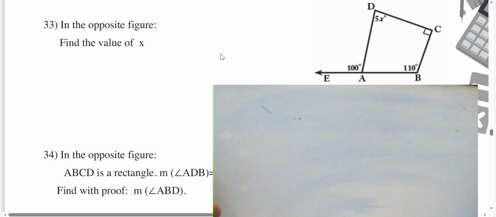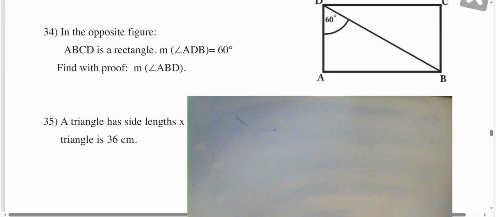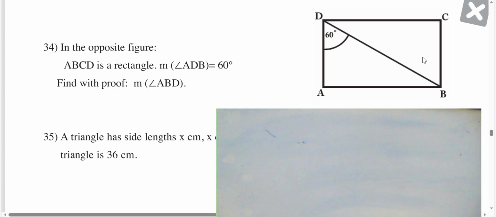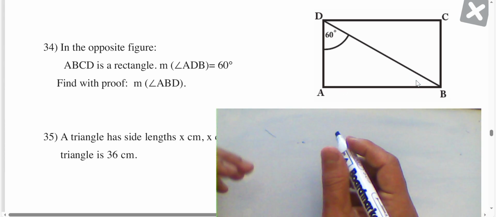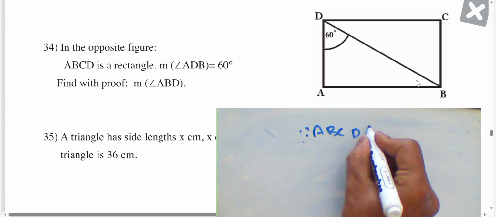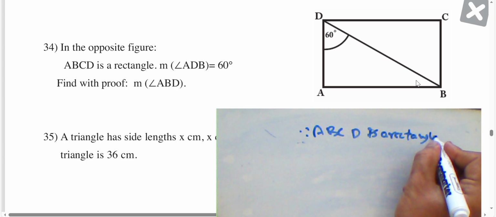The last question here, 34. Okay, this question, find with the proof the measure of angle ABD. We have a rectangle. We want to find this angle. Such that ABCD is a rectangle. What's the meaning of rectangle?